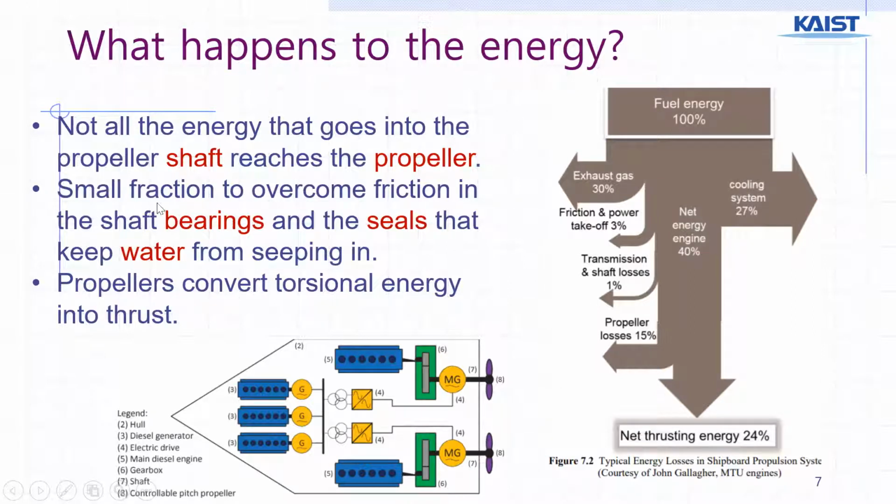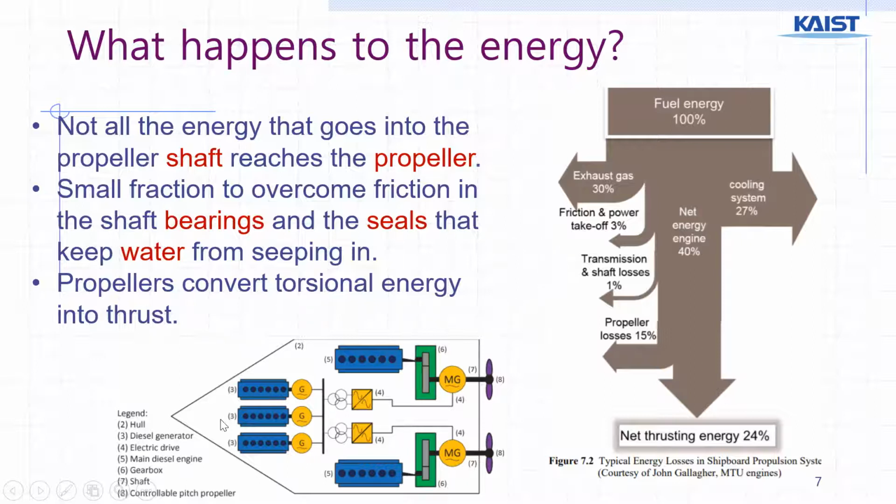So a small fraction goes to overcome friction in the bearings and seals. Seals are used to keep water from coming into the ship. Finally, the propeller converts the torsional energy into thrust, pushing energy, translational. Torsional to translational energy.